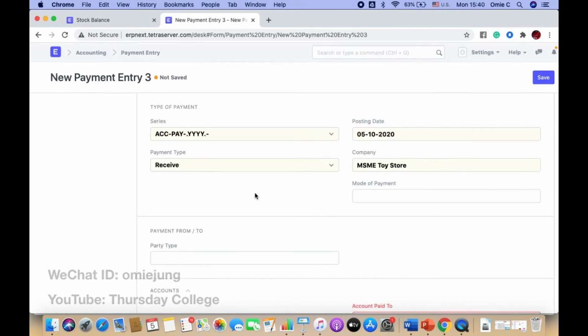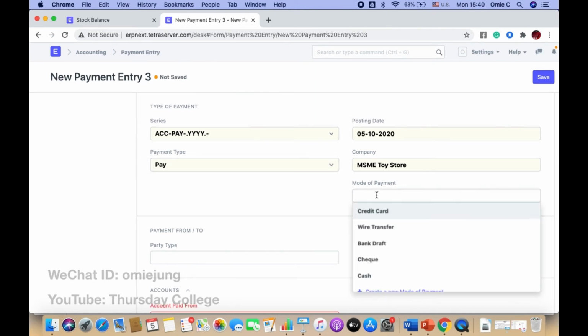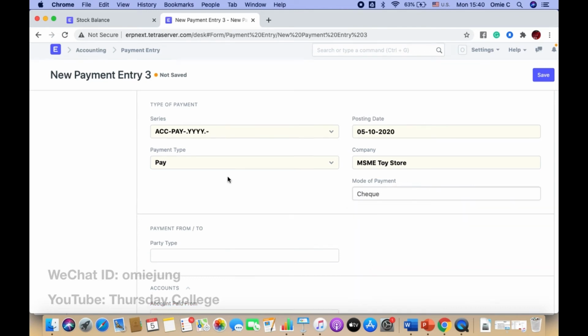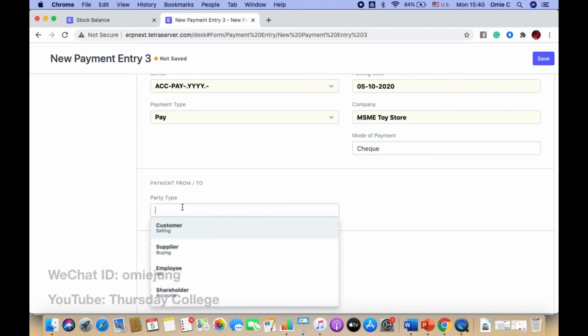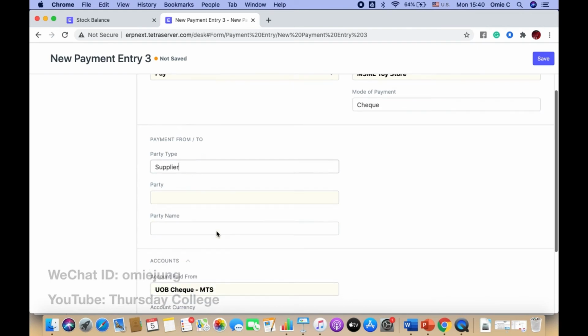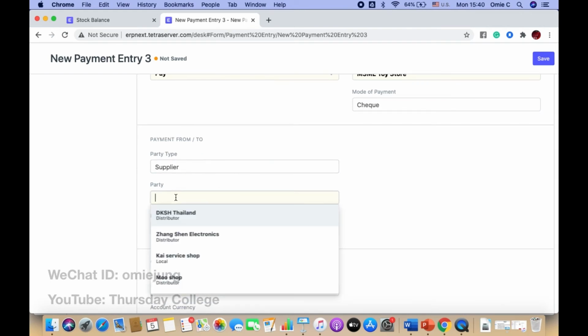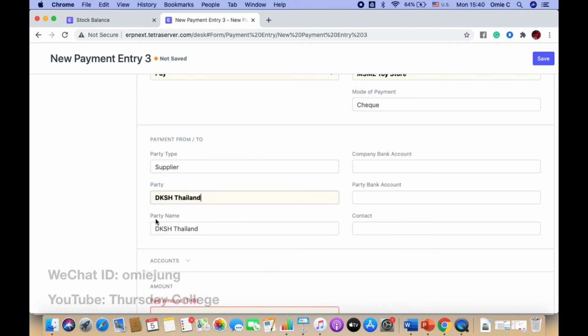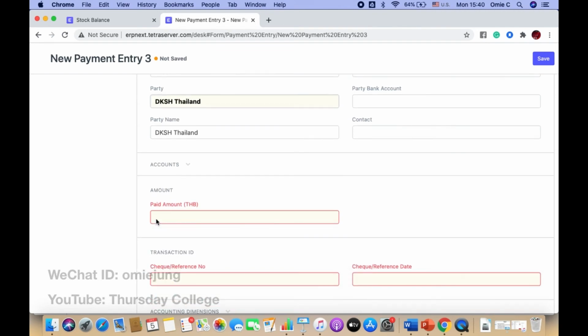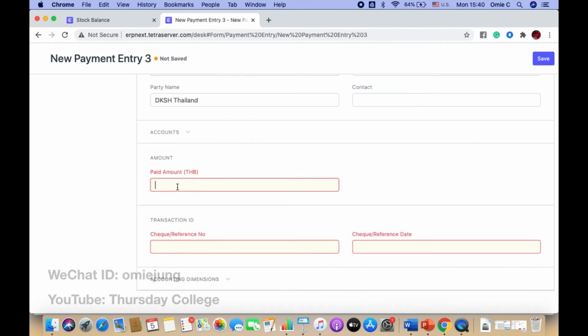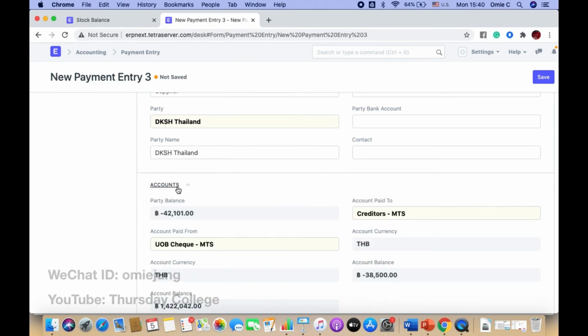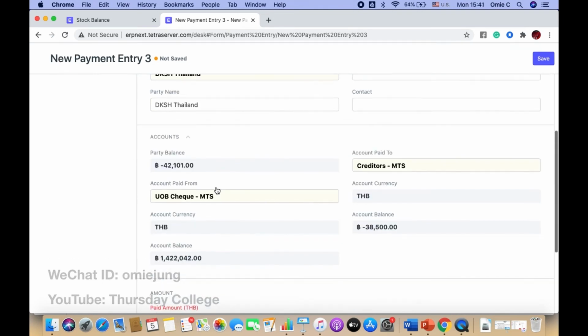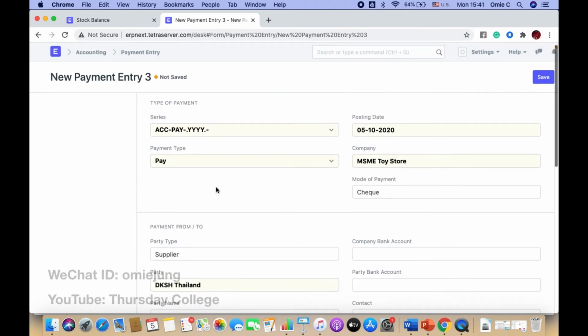For some reason I want to make the payment but anyway, I try to put it in as a cheque. Payment party type is supplier, and the party is DKHS. Okay, so I am about to pay. Okay, this one, it seems like I may have the previous record, so maybe it's okay.